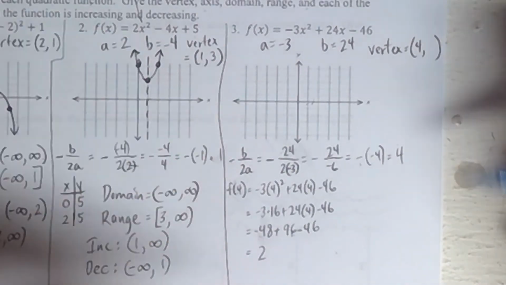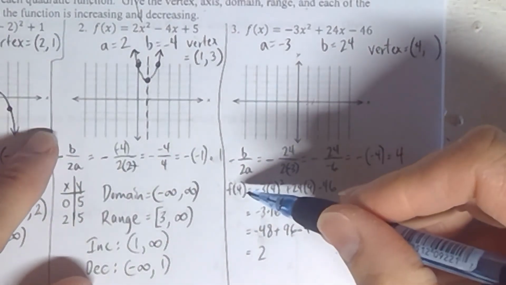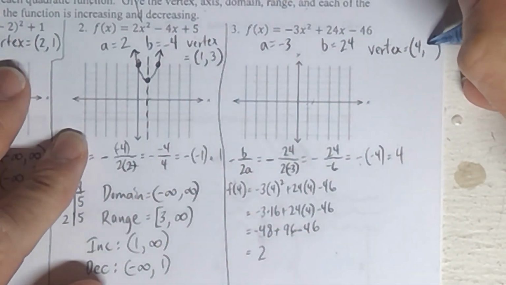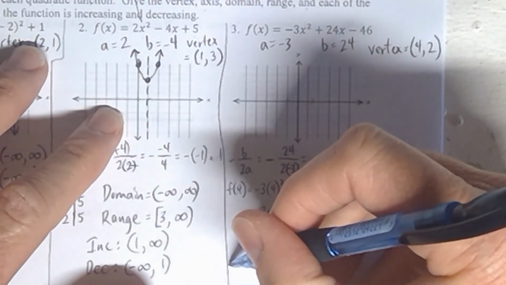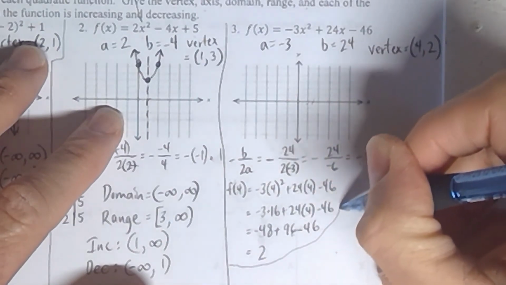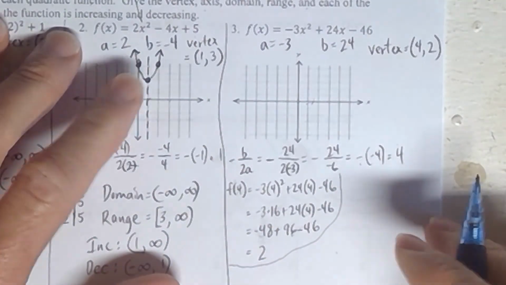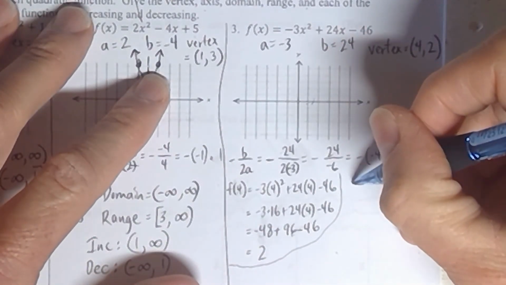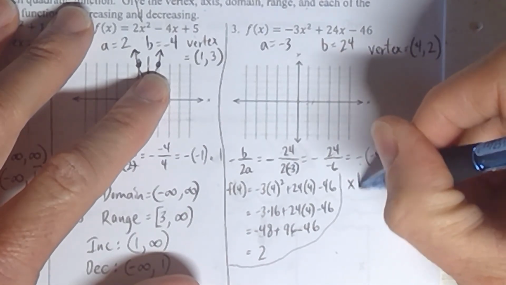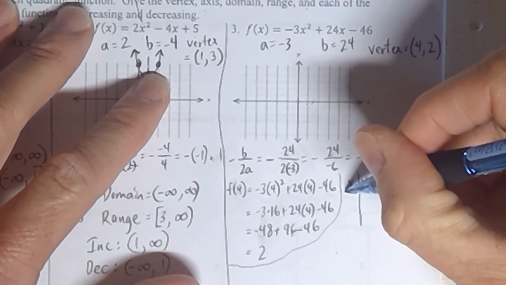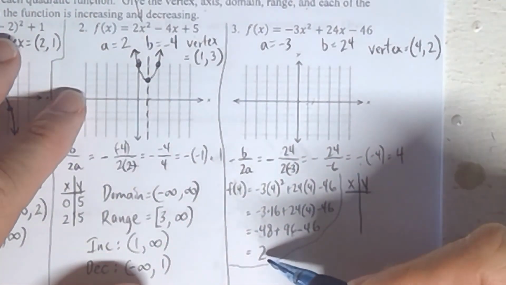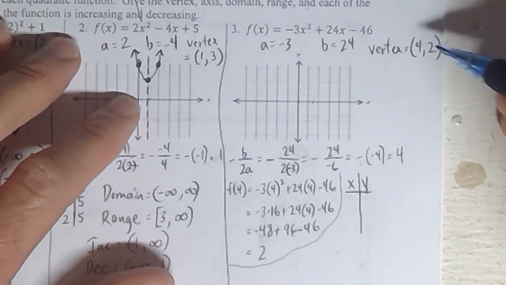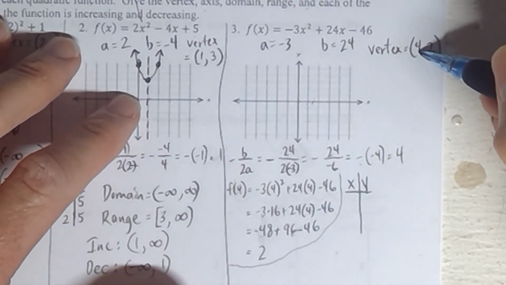And so that means that since the function value was equal to 2, that must be the y value. Okay, so I'll put that into the vertex. Now, as we've talked about in the last couple problems, the x value for the vertex is 4.